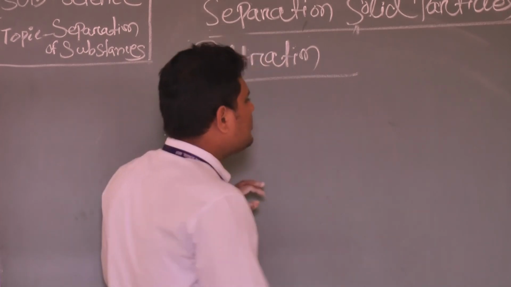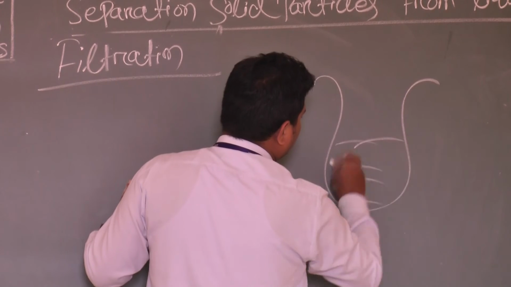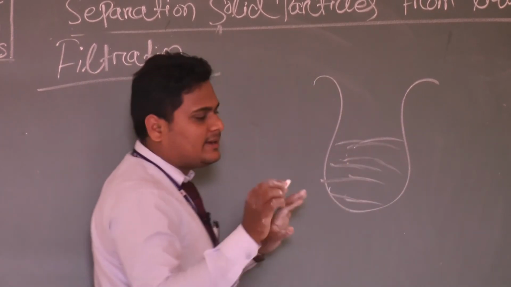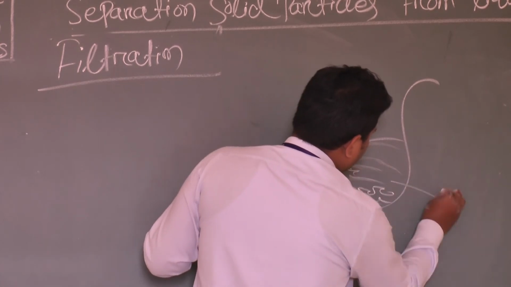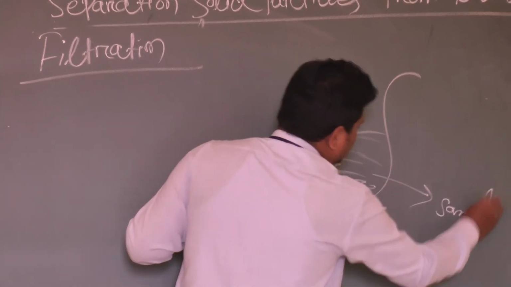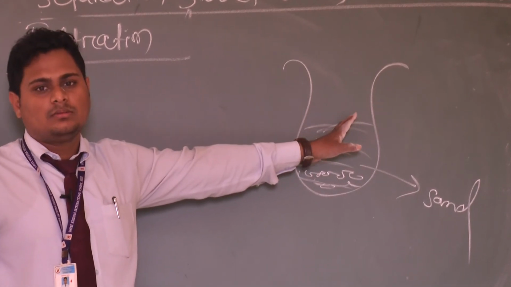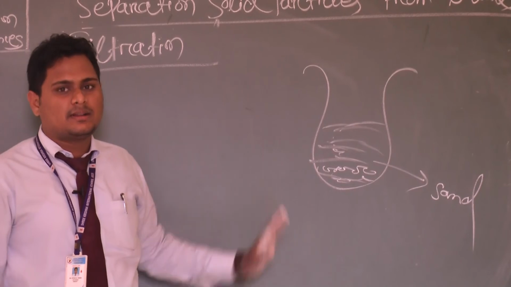Suppose in a container some water is there, and some undissolved particles, suppose sand, are present inside it. If we use the filter, then we can remove the water from the sand.